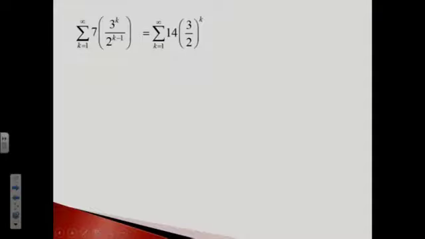Now we consider the series sigma k from 1 to infinity of 7 multiplied by 3^k divided by 2^(k-1). Multiply the denominator by 2 and write the given series in geometric form with a equals 14 and r equals 3/2. Since the absolute value of r is greater than 1, the series diverges.